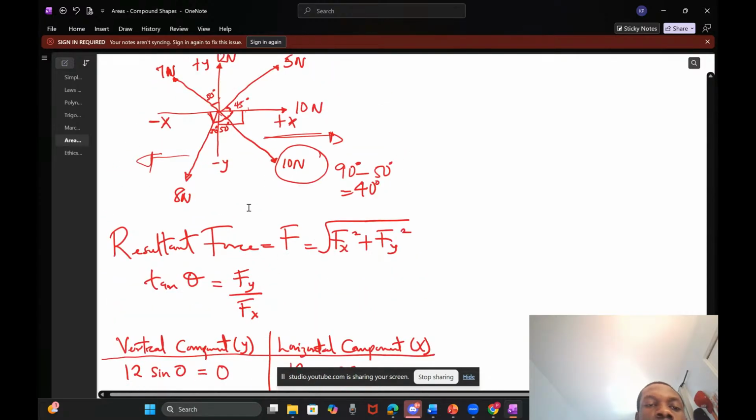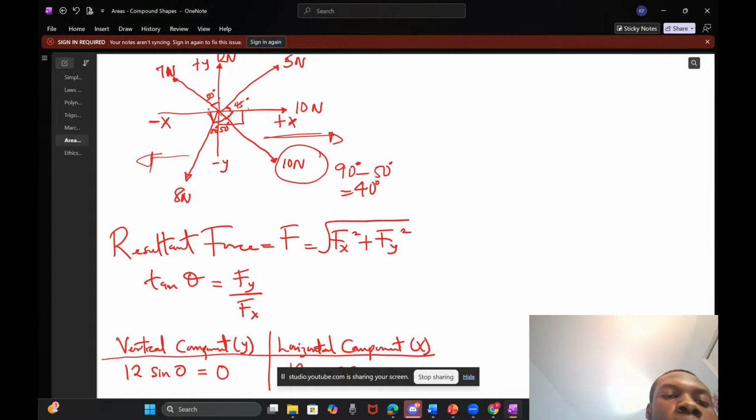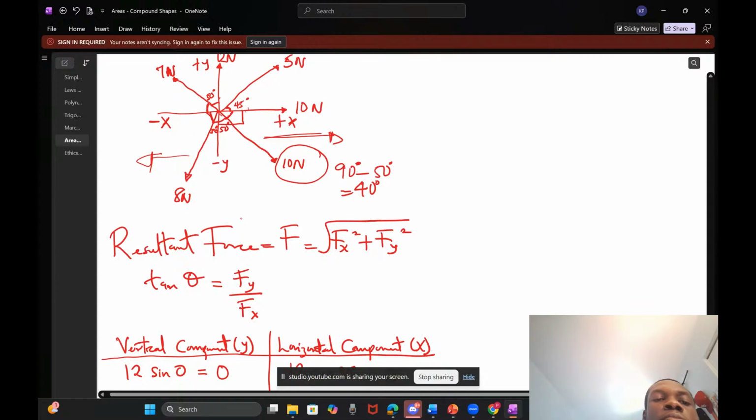And then we have this one, 7 newtons. You have 50 degrees up. We are looking for this angle that is facing here. Okay, so that will be 90 minus 50 is 40, right? So this will be positive y.